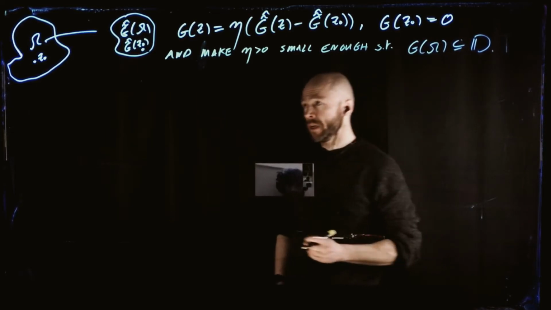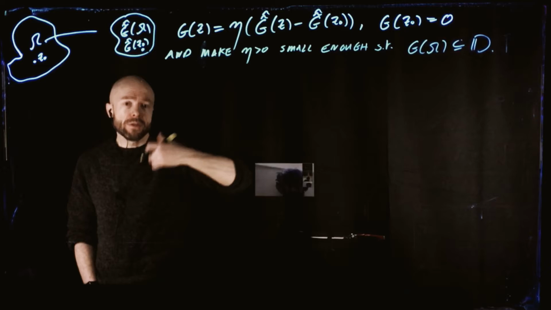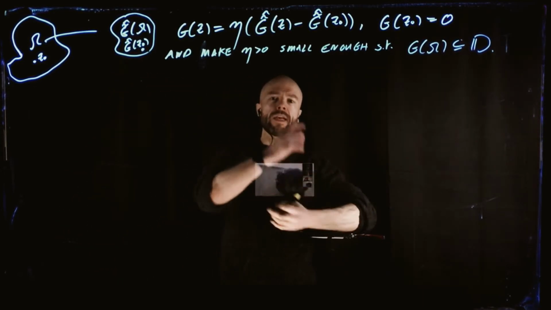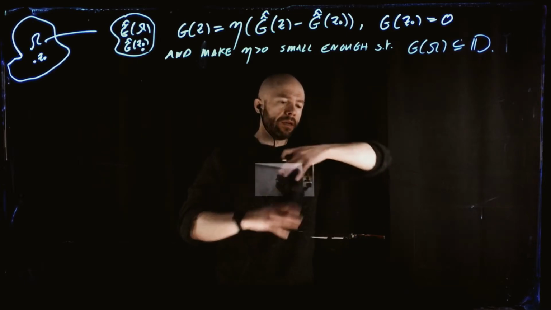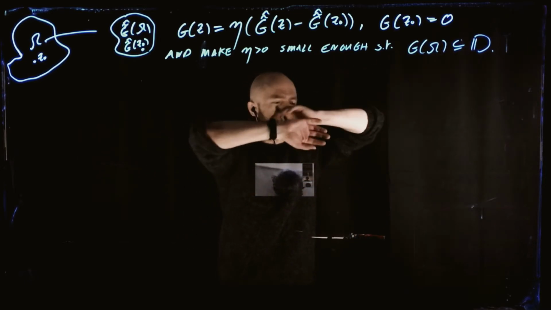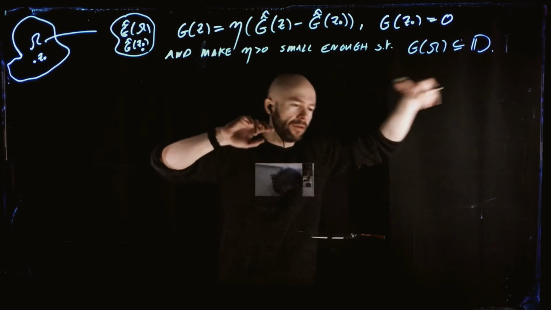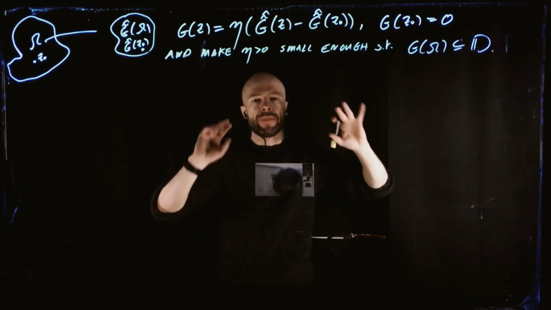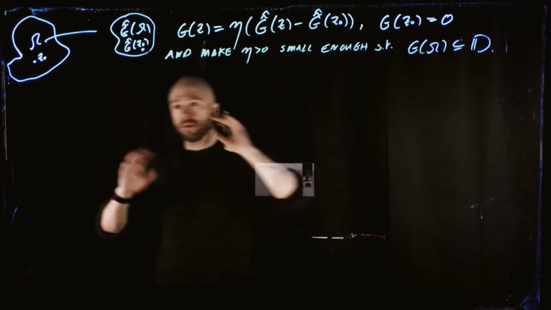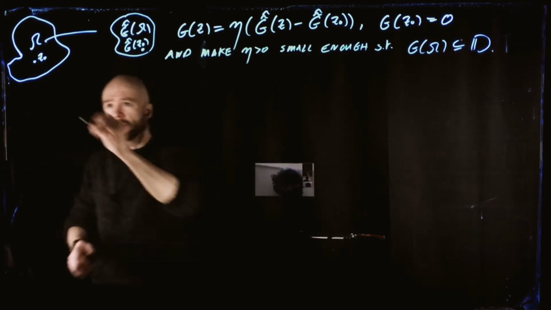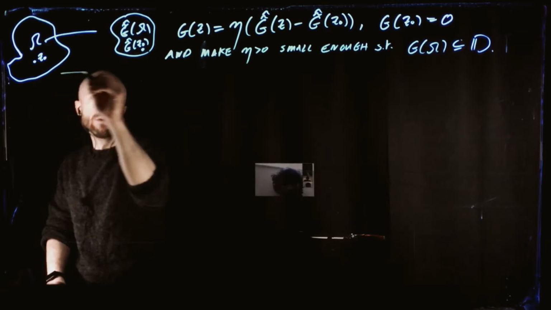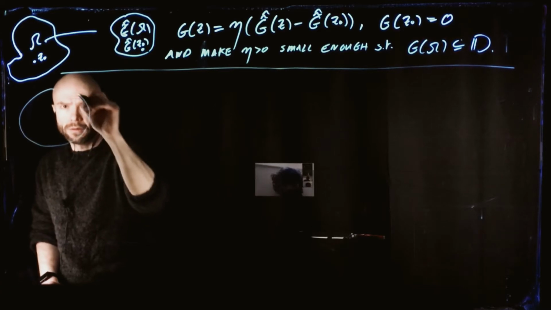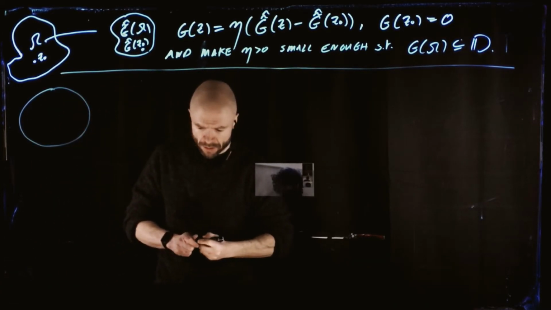All right, cool. So now what we're going to do is build a mapping from our arbitrary simply connected set inside the unit disk. We're going to build a mapping from that thing into the unit disk that actually maps completely onto the unit disk. And that is how we're going to be able to create our mapping in the statement. So what have we got? We've got the unit ball, or unit disk, like this.